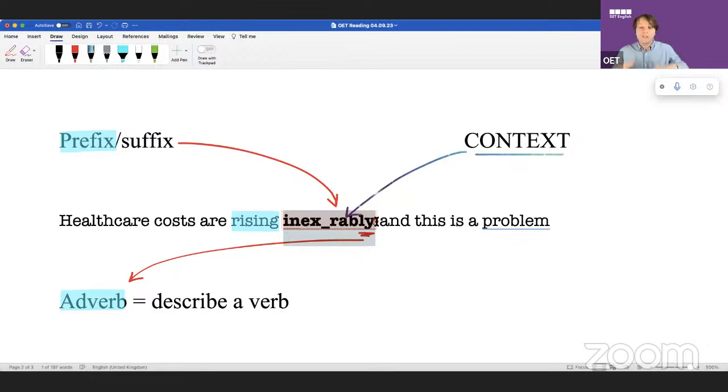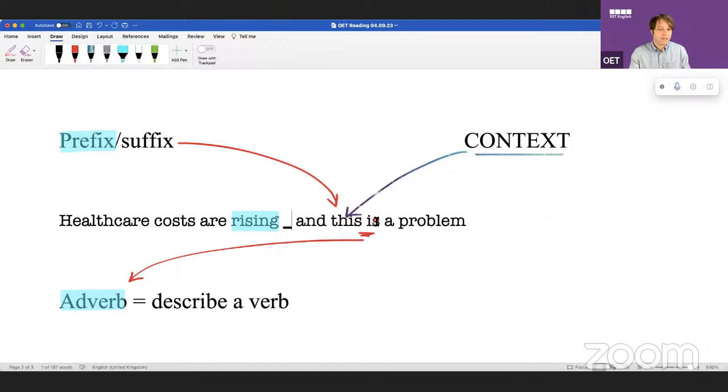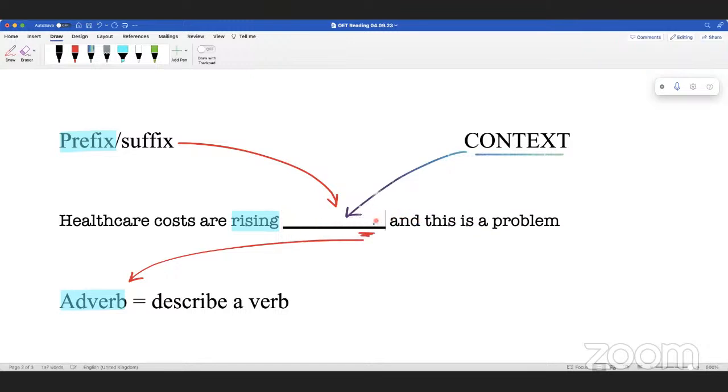Okay, but more simply, Mariam, if we don't know a word, one thing we can do, as well as doing what you're doing, is just blank it out. Helps you to focus, right?